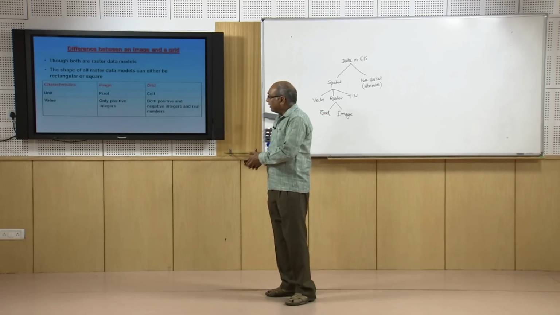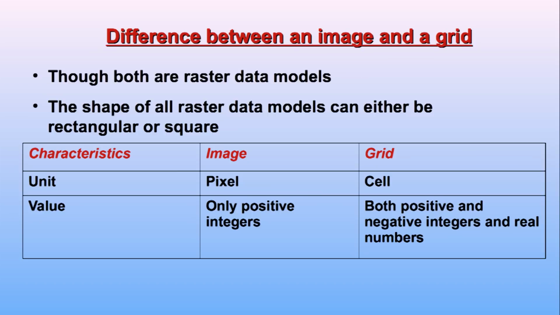So, as I have already mentioned earlier, both image and grid are the raster model. However, there are differences.